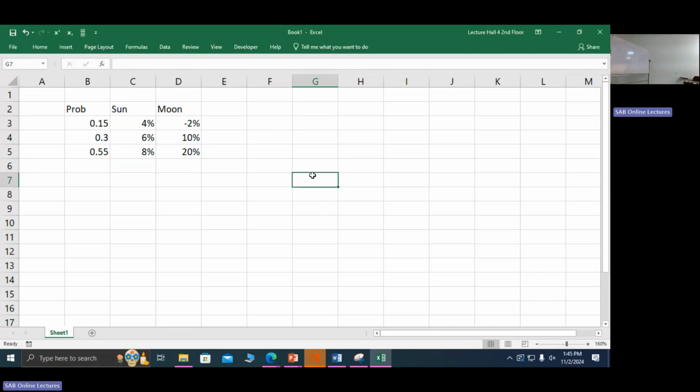So calculate the expected return for sun and moon. You can calculate quickly, just with the 60 percent in sun and the rest in the moon.